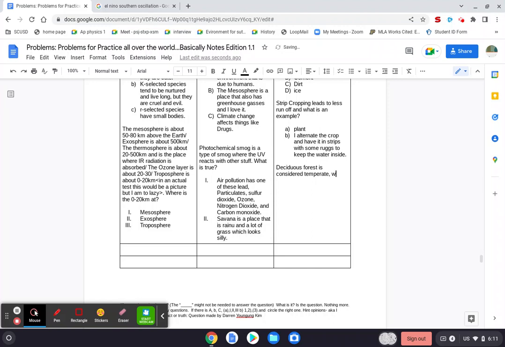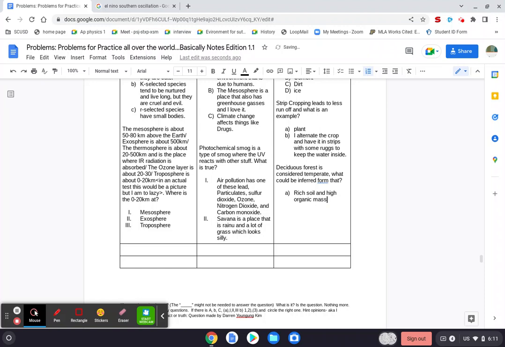What could be inferred from that? I should write from that. A, rich soil, which is true, and high organic mass.